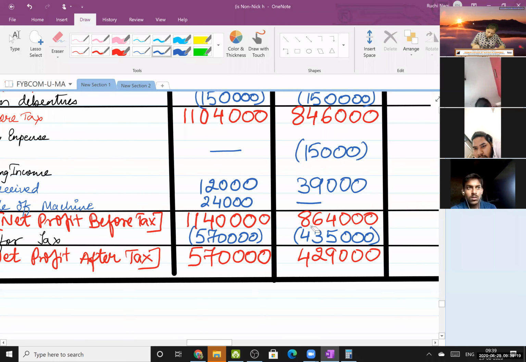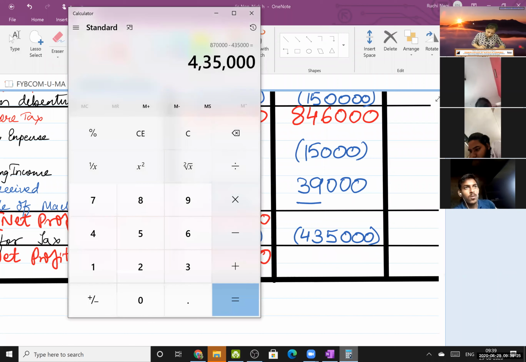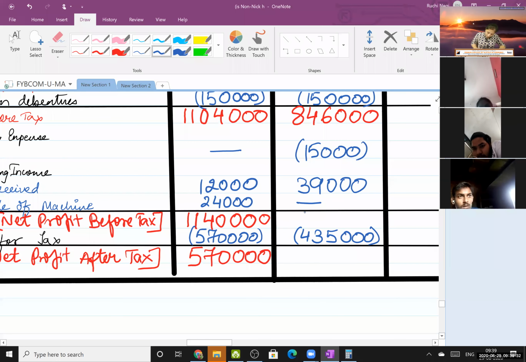This will change. This is 8,70,000. Now it tallies, 4,35,000.